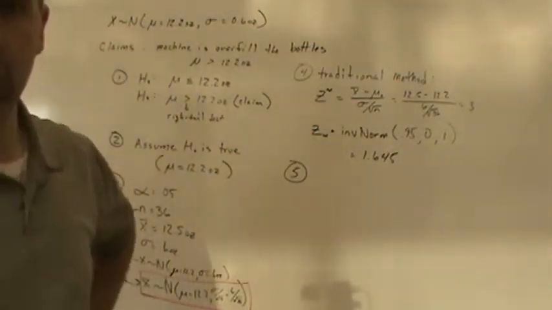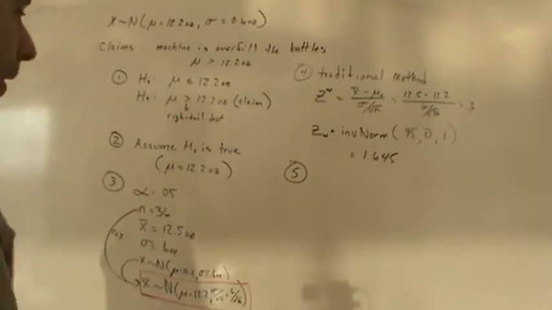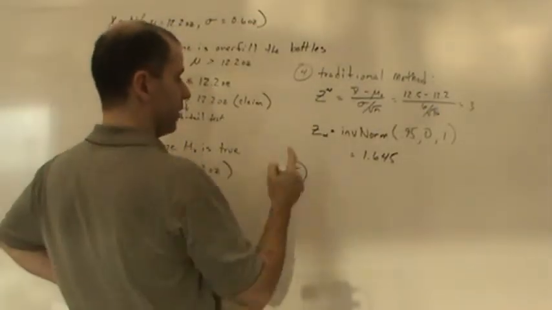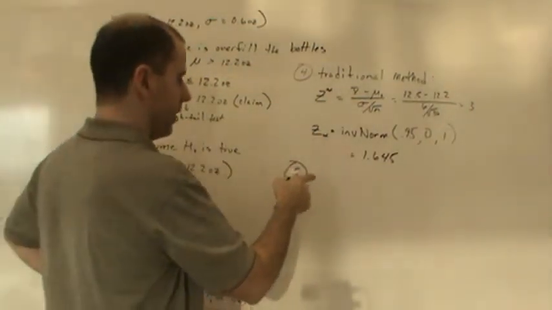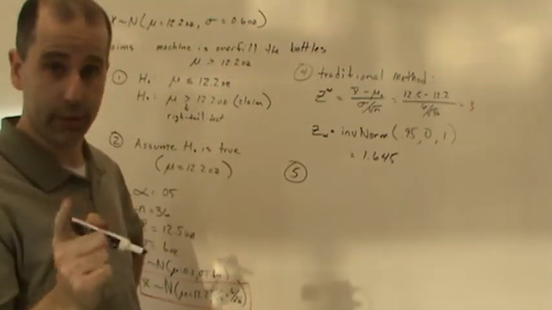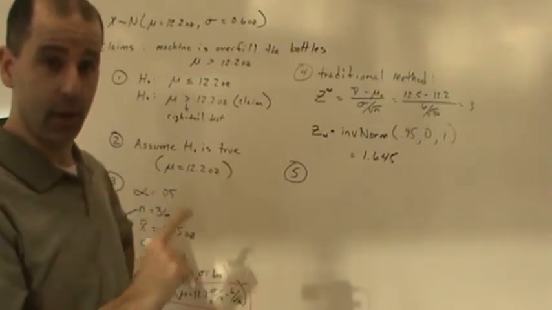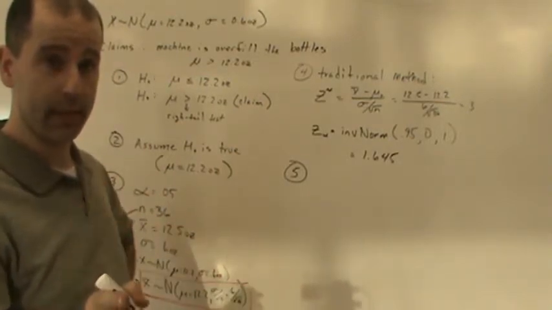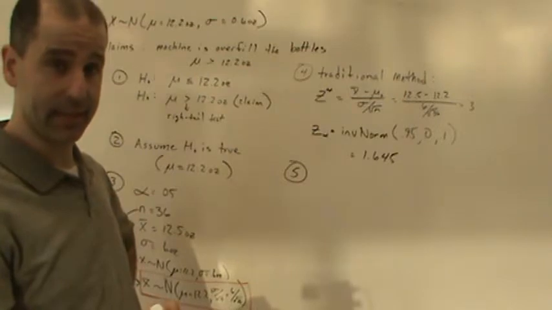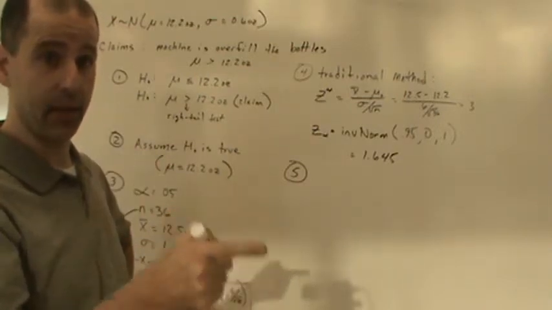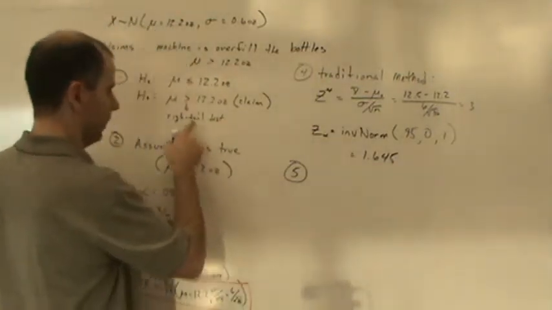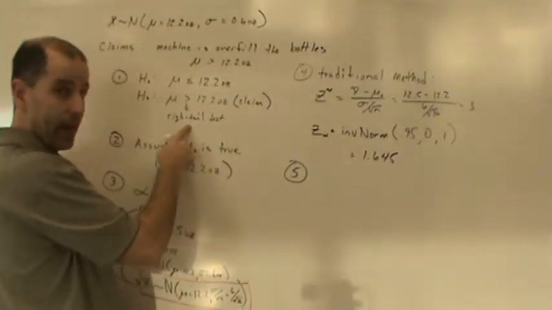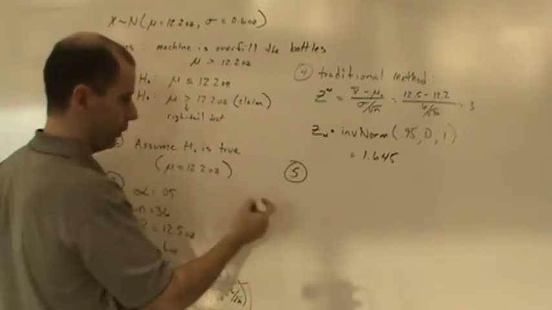So now what I'm going to do is I'm going to run my comparison using the traditional method. It's a right-tailed test, which means, with the traditional method, I'm going to reject the null hypothesis if my test statistic is inside the rejection region. So in other words, I'm going to reject for a right-tailed test if my test statistic is greater than or equal to my critical value.